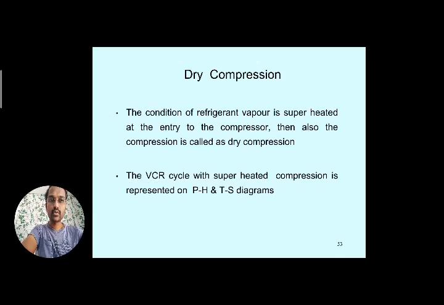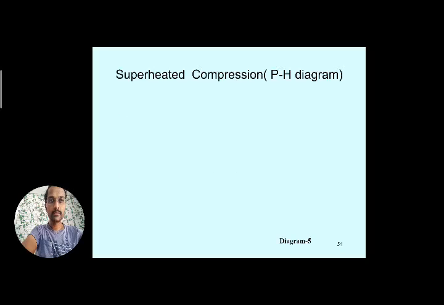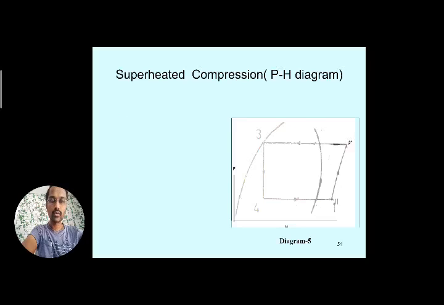The VCR cycle with superheated compression is represented on the pH and TS diagrams. You can see the same thing for the superheated case. It is also known as dry compression, but the entry of the compressor is in superheated form. You can see at the end here, 1 dash, 1 double dash.